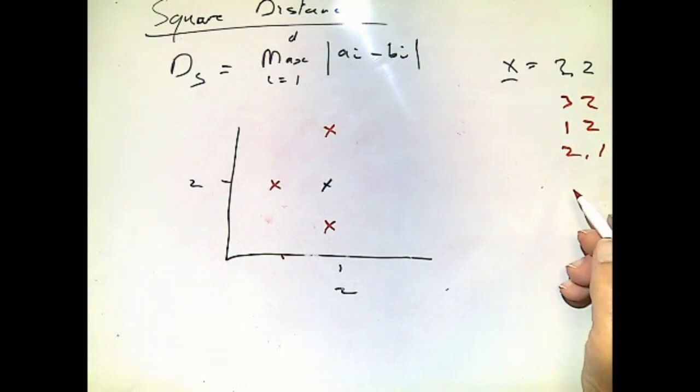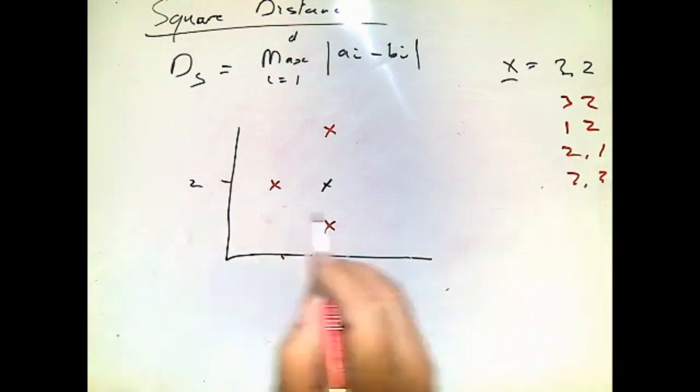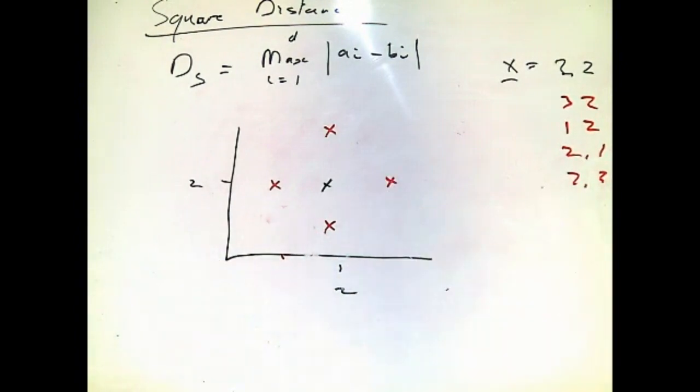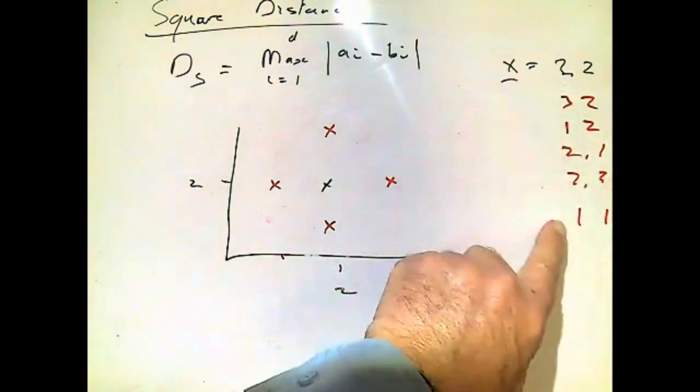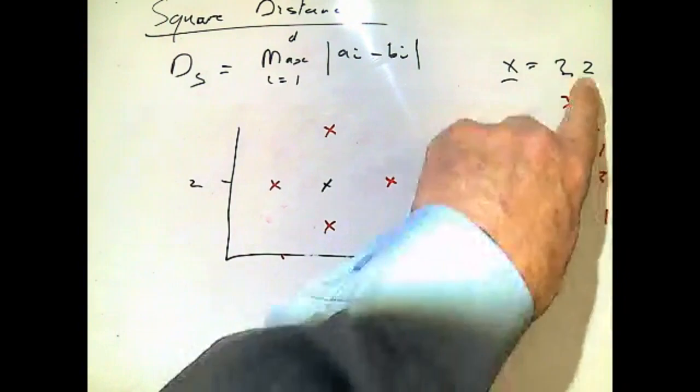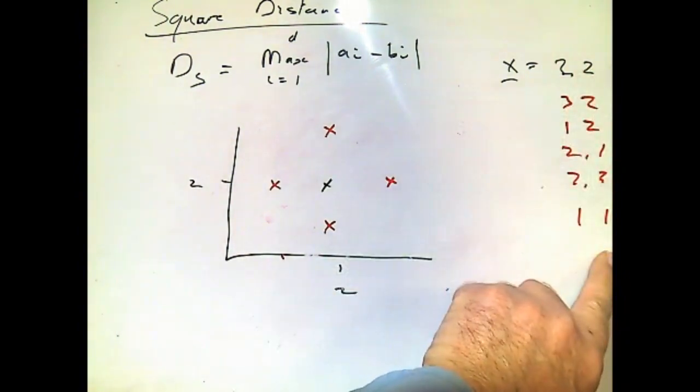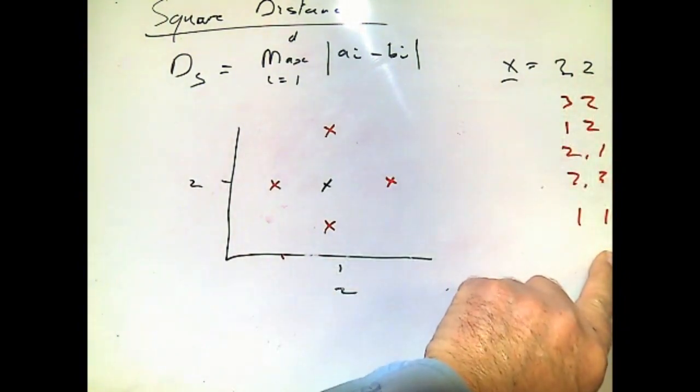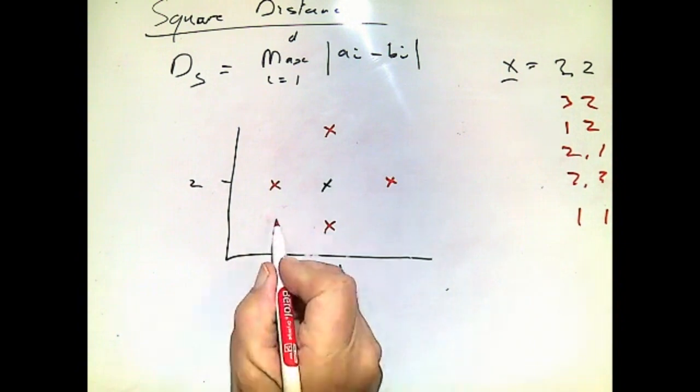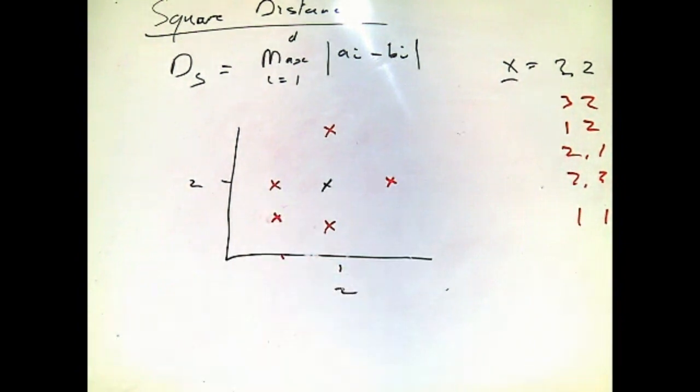One more. 2, 3. 2 3 is there. Right, now give me another one. 1 1. Good. First element distance 1. Second element distance 1. The maximum, of course, is 1 because they're both 1. And 1 1 is there.